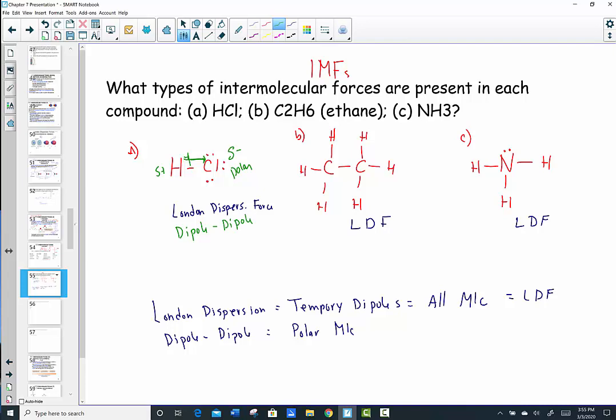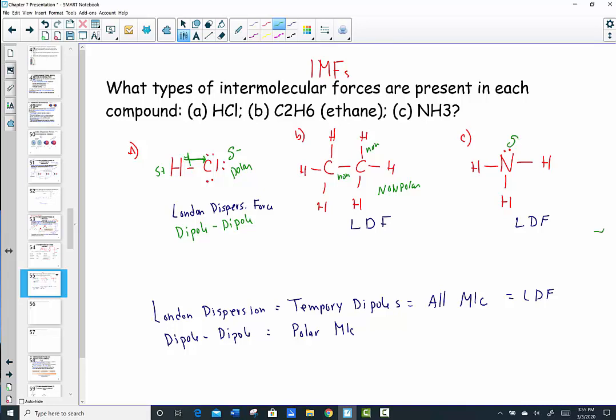Anything interesting in that boring carbon chain? Remember that a carbon to carbon is nonpolar, a carbon to hydrogen is nonpolar, and the overall molecule is completely symmetrical. There's just an equal distribution of charge in all directions. So this is a nonpolar molecule, and therefore no dipole-dipole interactions.